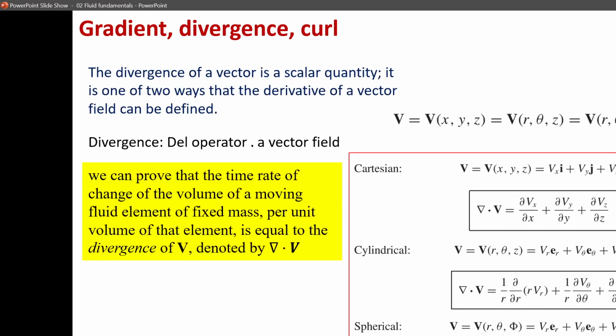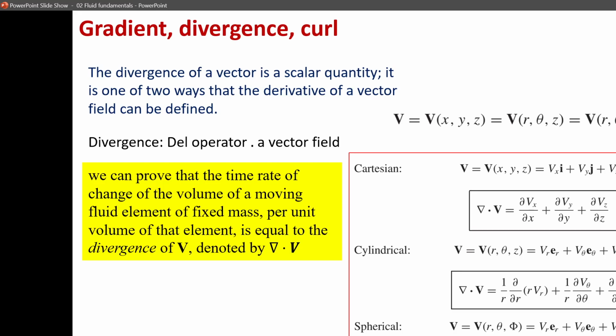But then what happens when you apply this del operator to a vector field, or you multiply it by a vector field? For two different vectors, we have two different types of multiplications. One was the dot product, and the other one was the cross product.